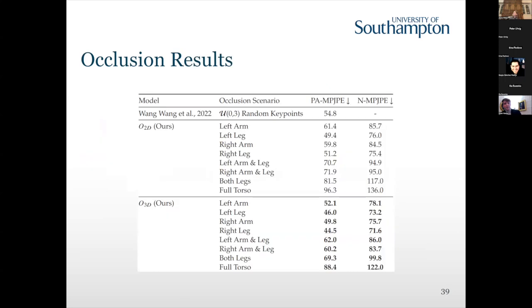So these are our occlusion results, which I think are a lot more exciting to discuss, actually. We have a paper by Wang et al., which I won't talk about very much.